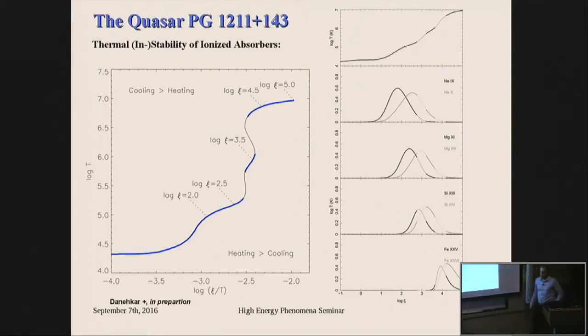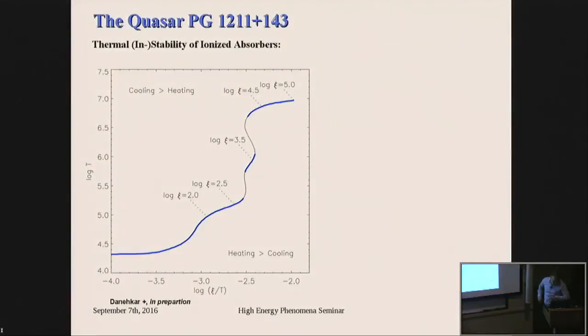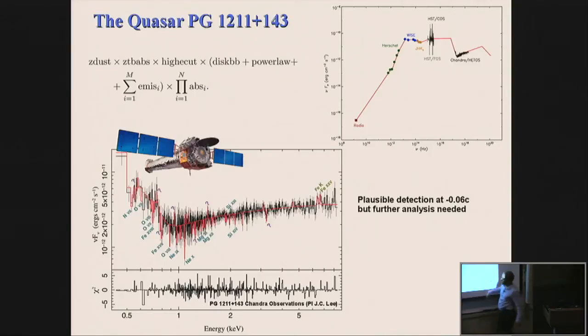Because we use the helium-like and hydrogen-like lines, some lines could be blended, but because the helium-like and hydrogen-like lines are very strong, as you see, this is the feature which is silicon, and this is the feature of magnesium, and it could introduce some uncertainty when there is blending.